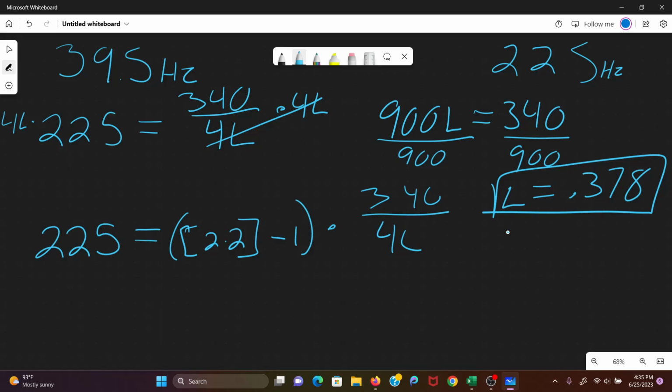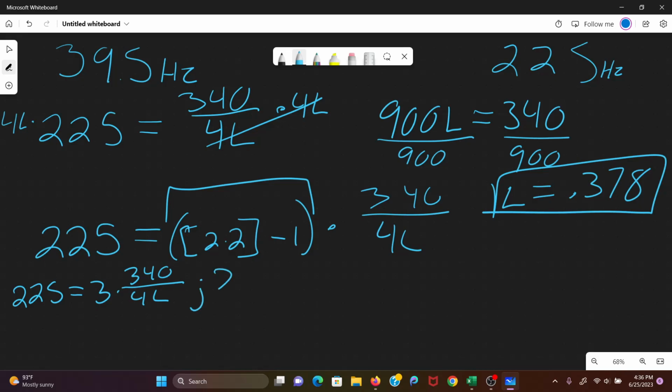The next one, the first thing we're going to do is simplify this little bit right here. 2 times 2 is 4, minus 1 is 3. So we can rewrite this as 225 equals 3 times 340 over 4L. We can then multiply 340 by 3 because 3 can be rewritten as 3 over 1 essentially, and then you can multiply the fractions. So 340 times 3 is 1020. So we're going to rewrite this as 225 equals 1020 over 4L.